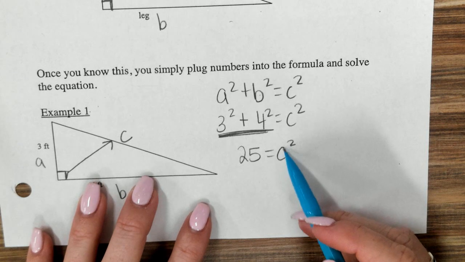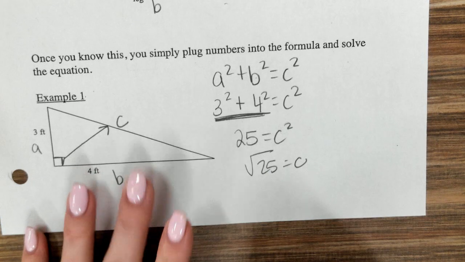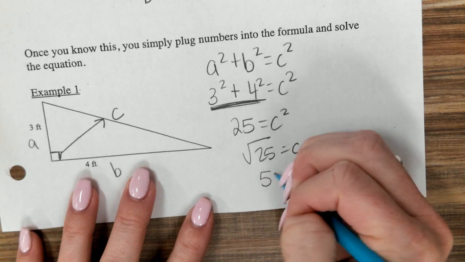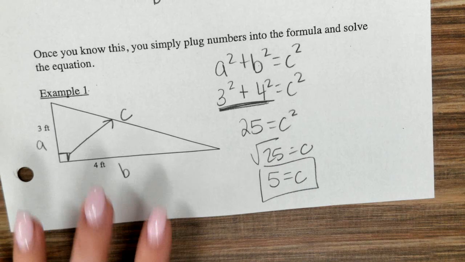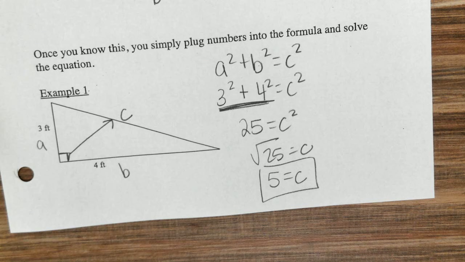So to get rid of this, I simply square root my answer. The square root of 25 is 5. So the missing side was 5. The C always has to be the what, biggest or smallest? Biggest. The C always has to be the biggest.